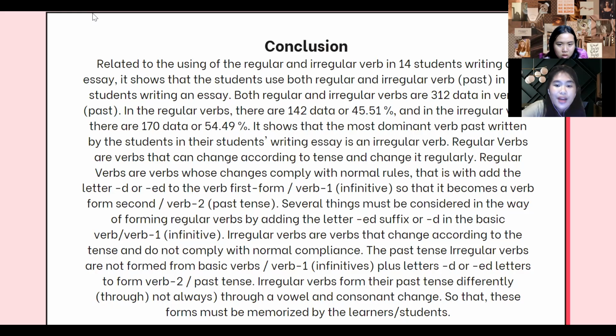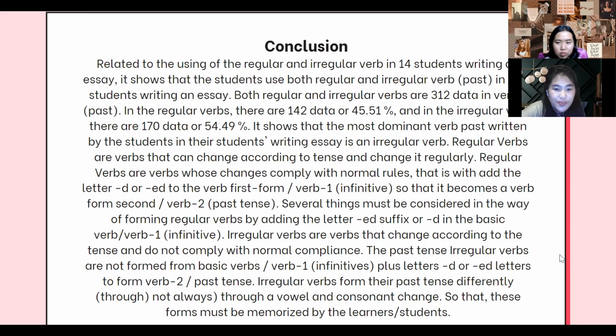Irregular verbs are verbs that change according to the tense and do not comply with normal rules. The past tense of irregular verbs is not formed from basic verbs or infinitive verbs plus the letters d or ed.